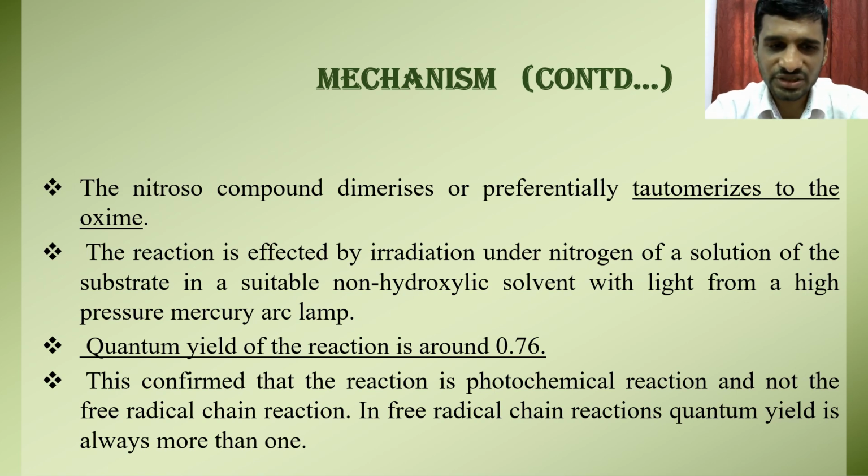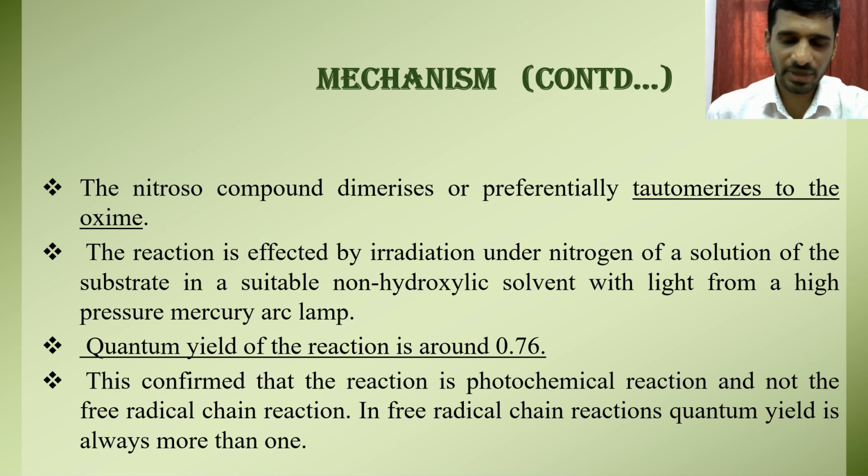There is no free radical chain reaction, and it is indicated by the value of quantum yield, which is below 1. In terms of theoretical yield, it is around 0.76, which means that only 76% of reactant molecules are capable of converting into product after absorption of photons. So this is all about the mechanism of Barton reaction.